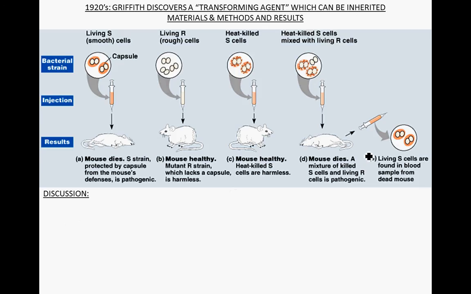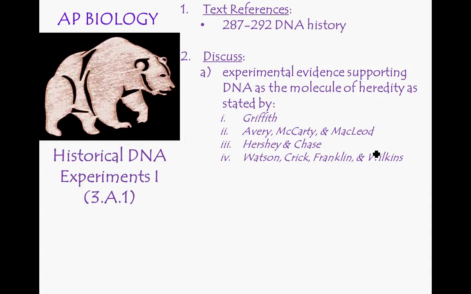So here is Griffith's summary, a summary slide of his experiments. You should be able to identify the different parts there, what the negative control is, what the positive control is, talk a little bit about his logic and how the evidence then supports his conclusion that there is some transforming agent. They're able to change the phenotype of those cells. Okay? So again, what is the experimental evidence?